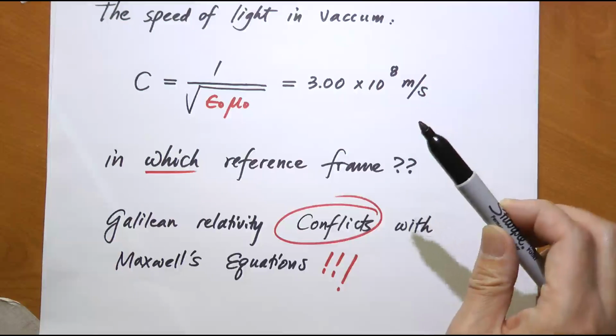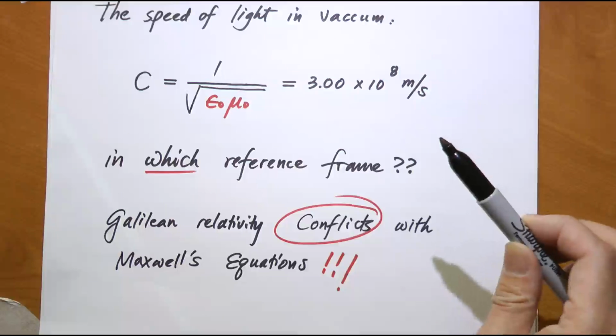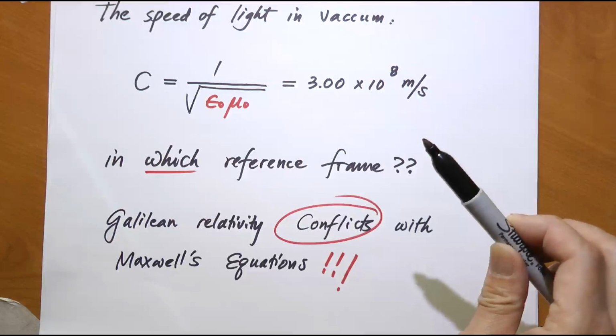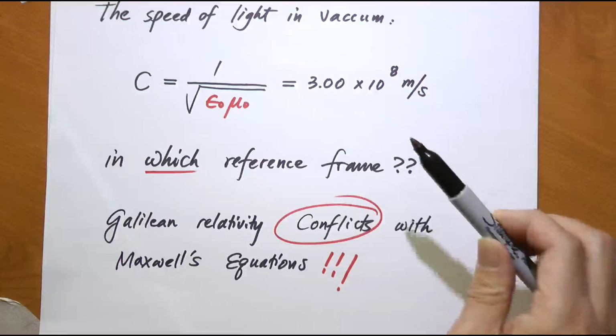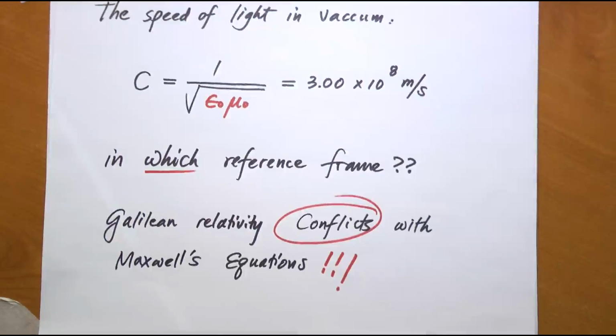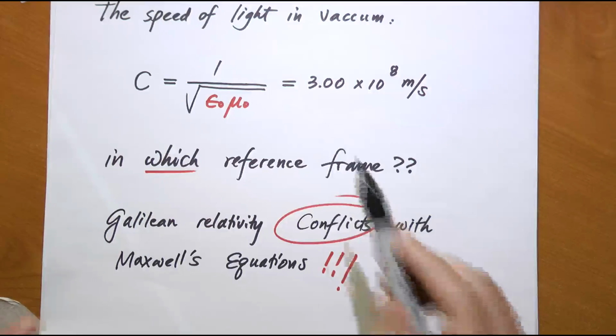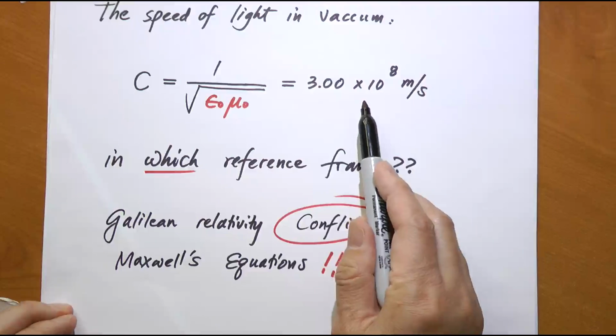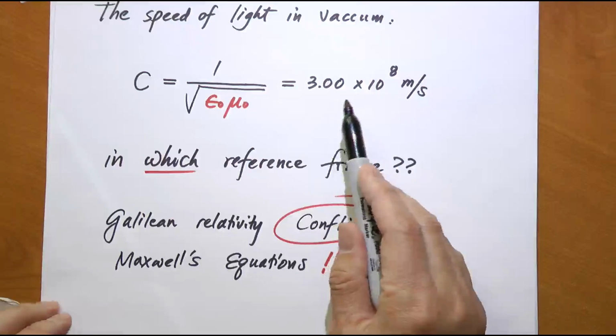that if you are locked up in that cruise ship cabin, you will not find how fast you're moving, or whether you're moving at all, if you're doing a mechanical experiment? What if you measure the speed of light? Is it possible that you're going to find a different result than this? Because after all, you're in a reference frame that is moving relative to the Earth frame, right?